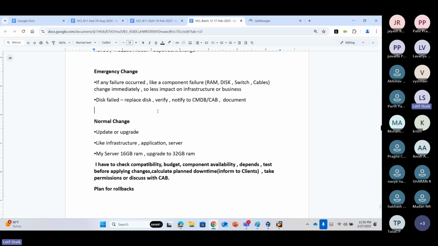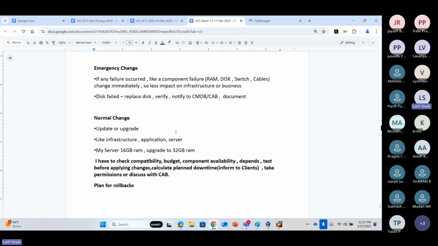Next, normal change: update or upgrade change. And emergency change. I will tell about normal change first, because what I told in change management are normal changes only. It's like a repetition. When you do update or upgrade or replacement, like infrastructure updates, application and server upgrades, what are the things you have to check?